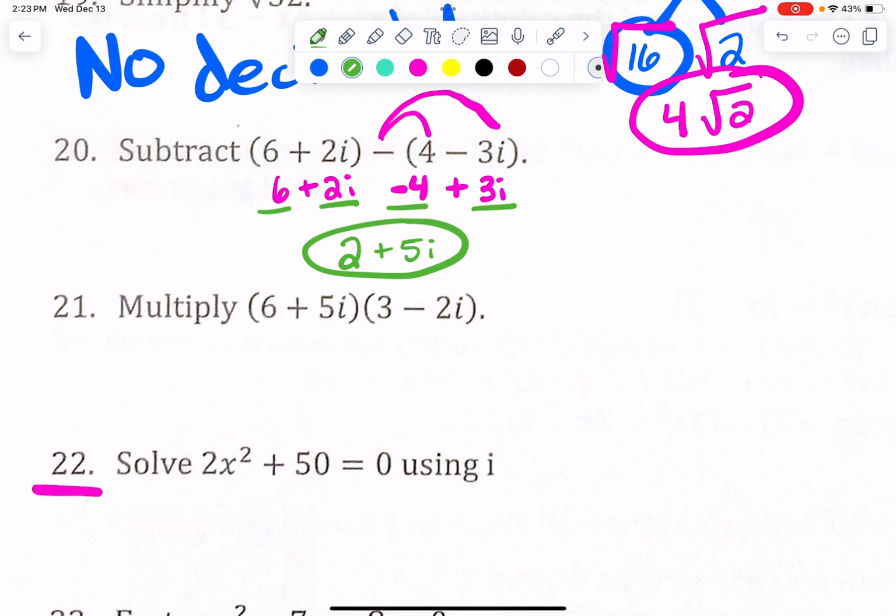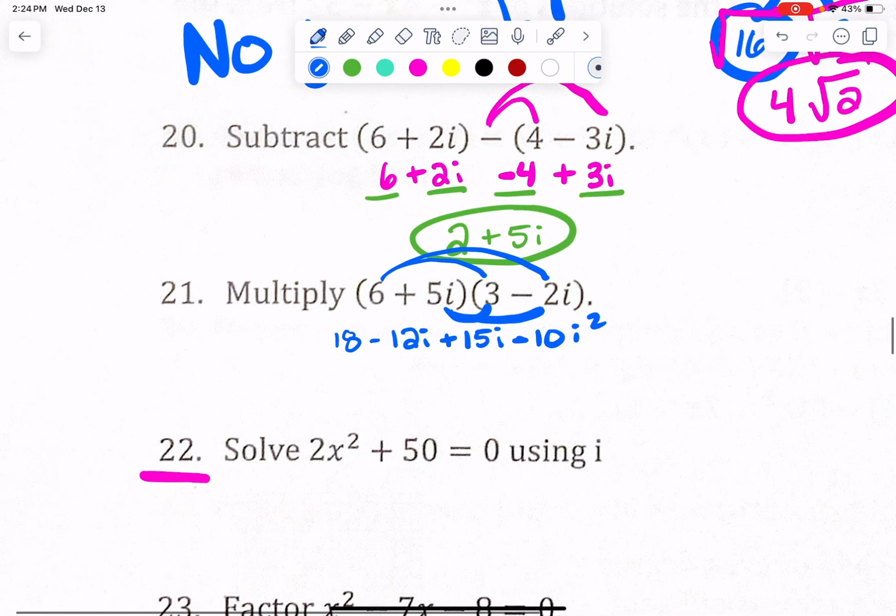This one is multiply. So here we're going to FOIL. So I'm going to first take 6 times 3, which is 18. Then I'm going to take 6 times negative 2i, which is negative 12i. In the middle two pieces, 5i times 3 is plus 15i. And then the last pieces, 5i times negative 2i is negative 10i squared.